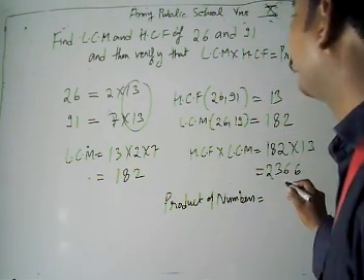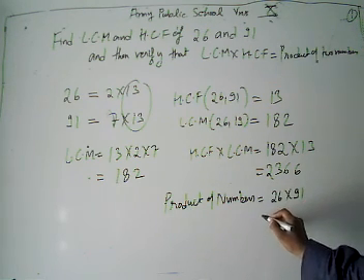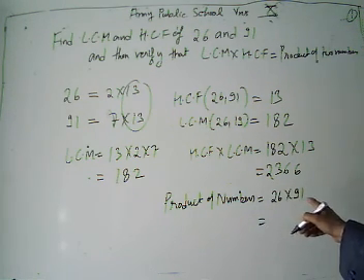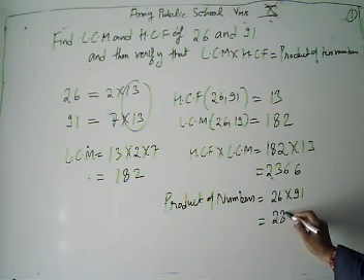What are our numbers there? 26 into 91. Look, we have multiplied 26 with 91. 6 times 1 is 6, then 2 into 9 is 18, plus 5, we get 2366.